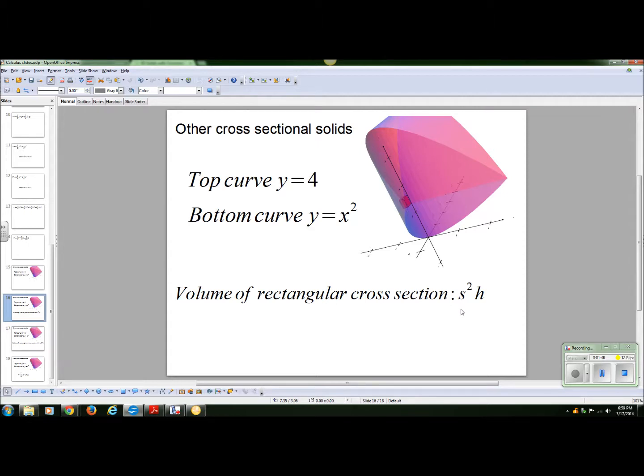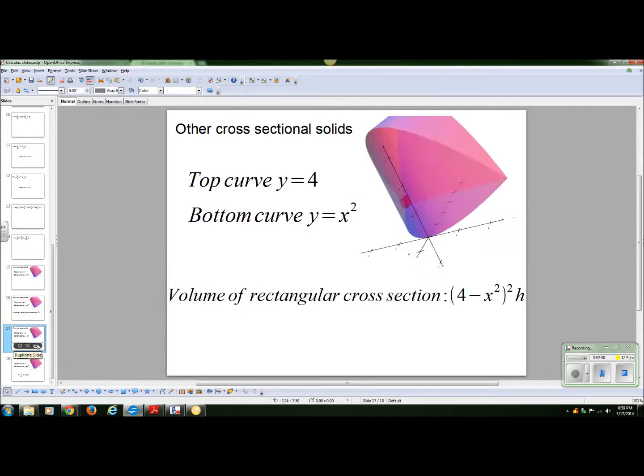S is a little bit trickier, but it's the distance between the line y equals 4 and the curve y equals x squared. And so we can think of s as being 4 minus x squared. So we can rewrite this as 4 minus x squared, that's s, squared, times h. And again, h is delta x.